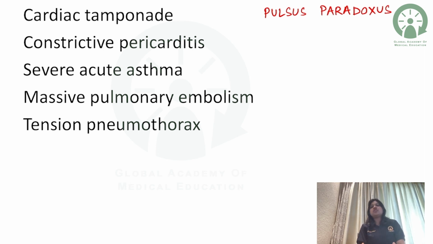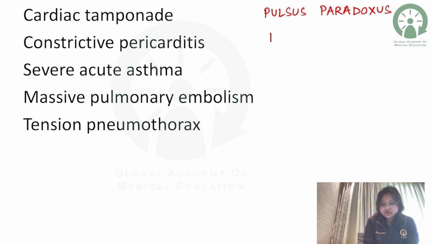But if there is a fall in BP of more than 10 millimeters of mercury, then we call it pulsus paradoxus. That is not physiological, that is pathological, because of some underlying causes in the heart which result in much more fall in BP than expected during inspiration.